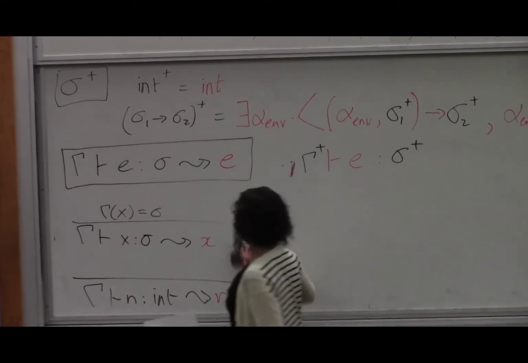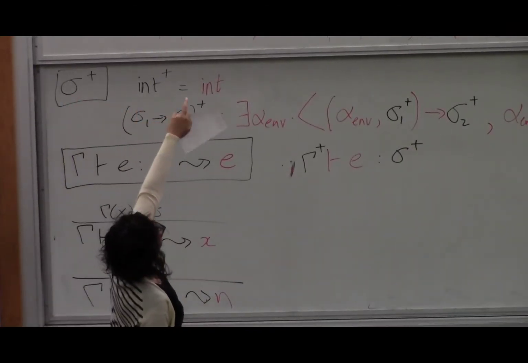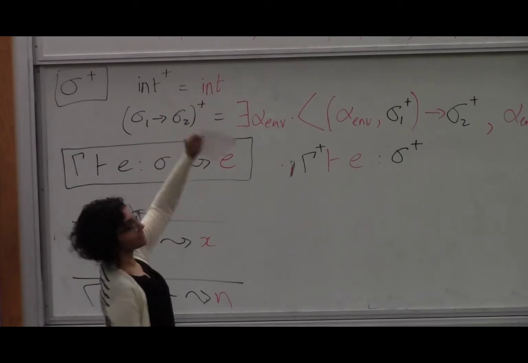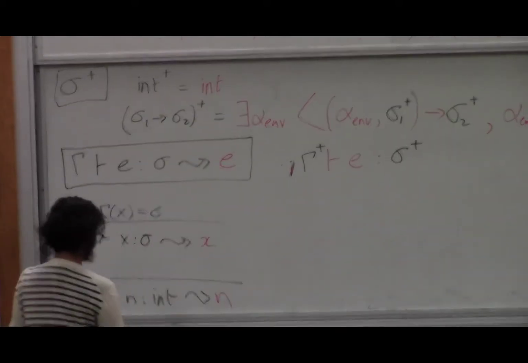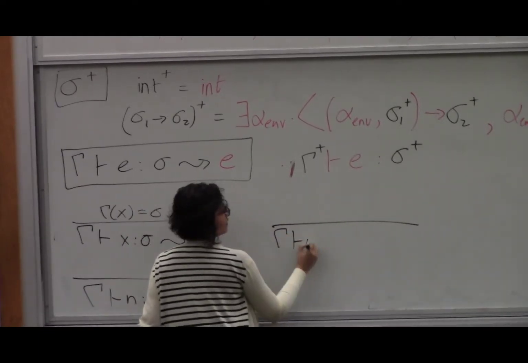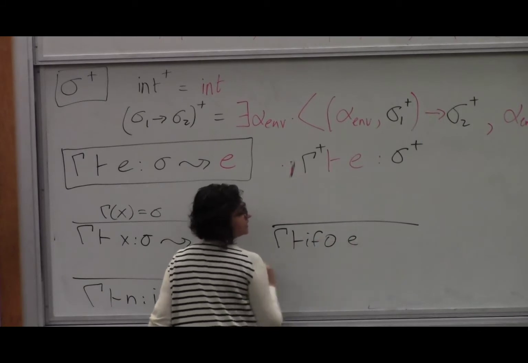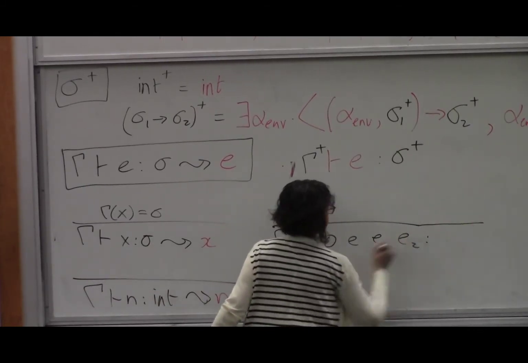Okay. All right. Now, how do we translate? We'll do lambdas in a second. Let's do if then else, the if zero instruction. So under gamma we have if zero, e, then do e1, else e2. Right.